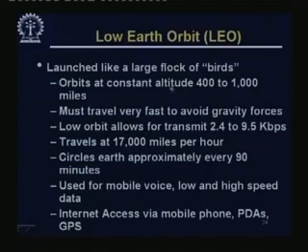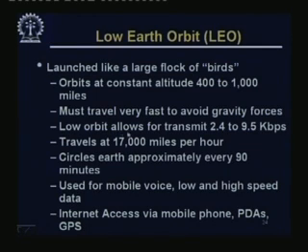So, in order to give continuous coverage, you need a large number of satellites, and if you want to cover the entire earth, the cell size or the footprints will also become smaller, so you need a very large number of satellites. They orbit at a constant altitude of 400 to 1000 miles and must travel very fast to avoid gravity forces, because if it travels any slower, it will fall down.